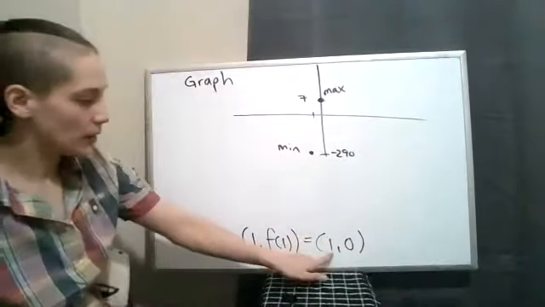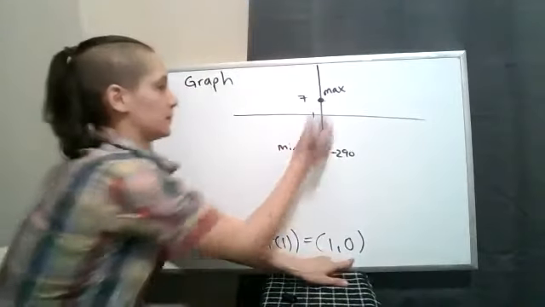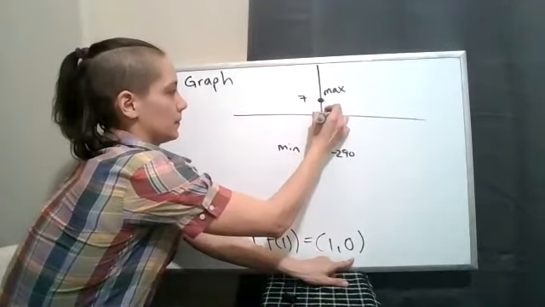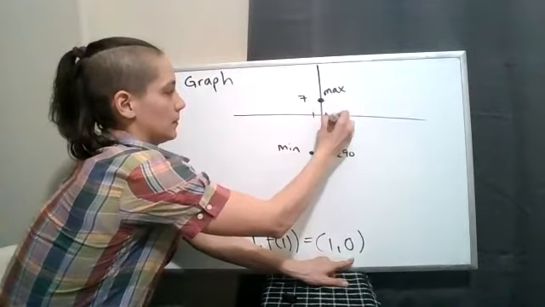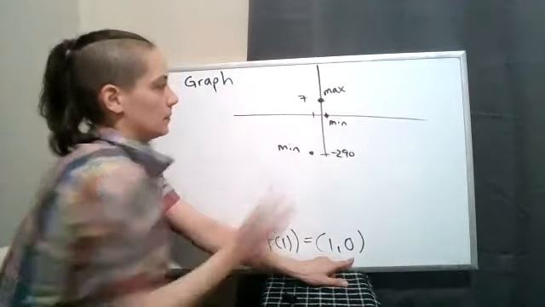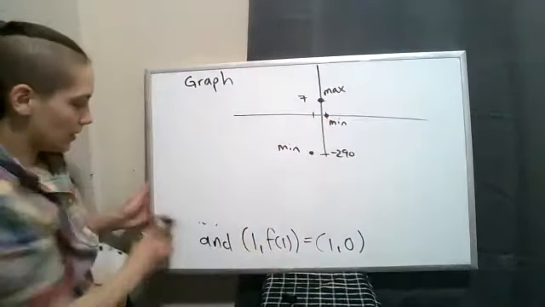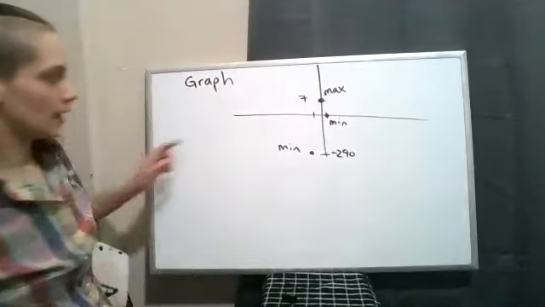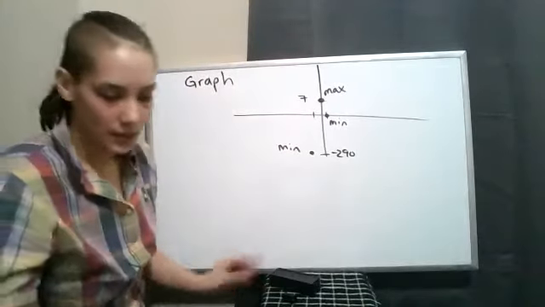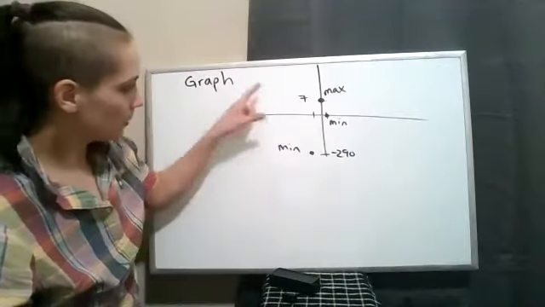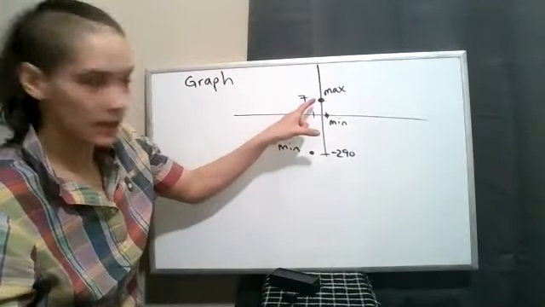And also at 1, 0. The function decreases till that minimum and then increases.